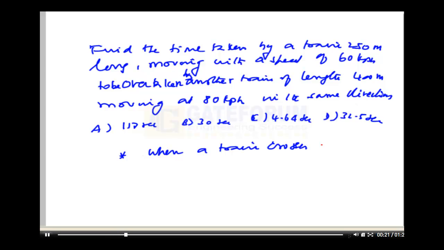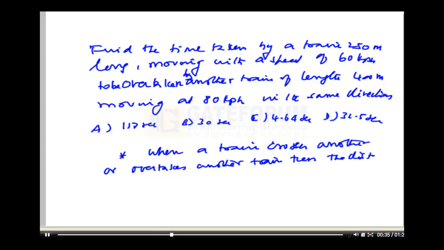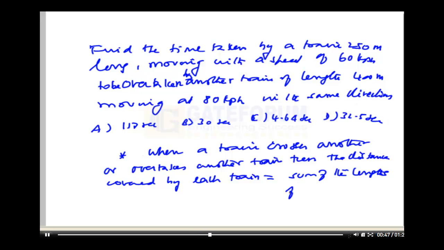When a train crosses or overtakes another train, the distance covered by each train is equal to the sum of the lengths of the two trains.